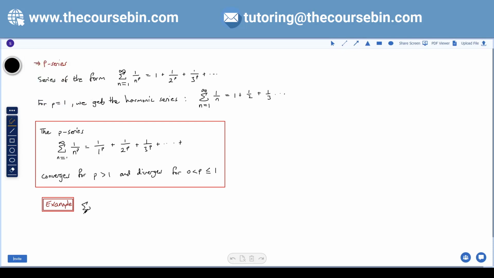For example, let's say we have the series sum from n equals 1 to infinity of 1 over n to the power of 3/2. Well, 3/2 is just 1.5.